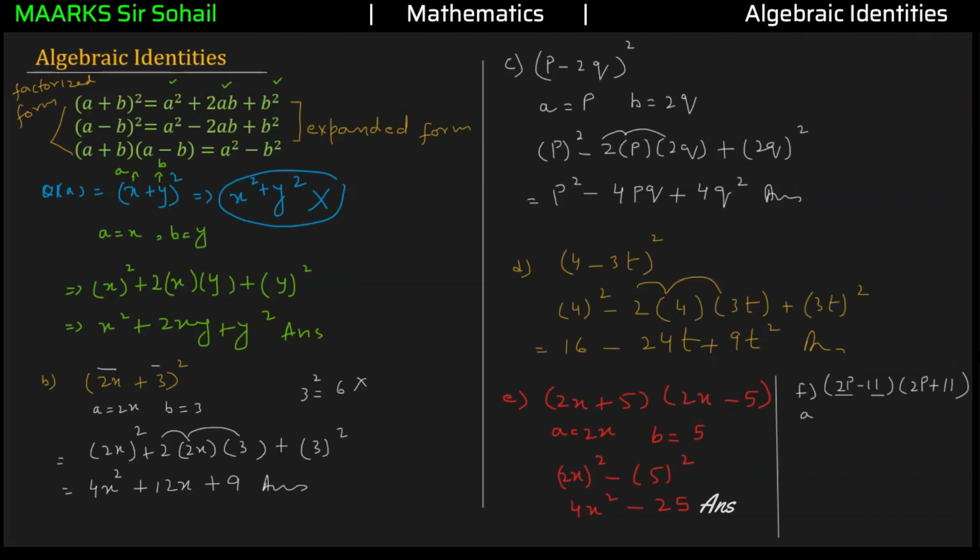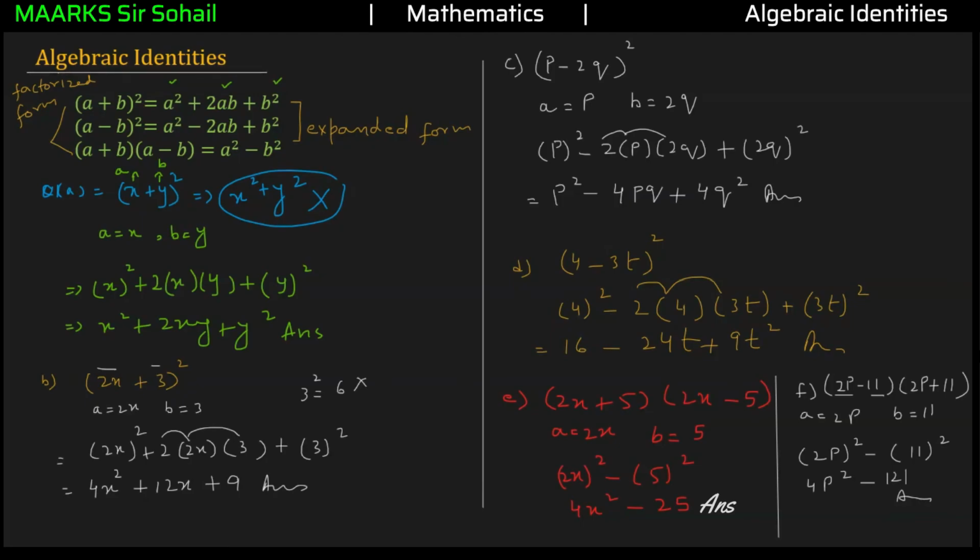So a is 2p here and b is 11 here. So a square minus b square, so a is 2p, so a square, and minus b square, b is 11, so 11 square. So 2 square is 4, 4p square and minus 11 square is 121. So this is how we do it. It's quite simple to solve.